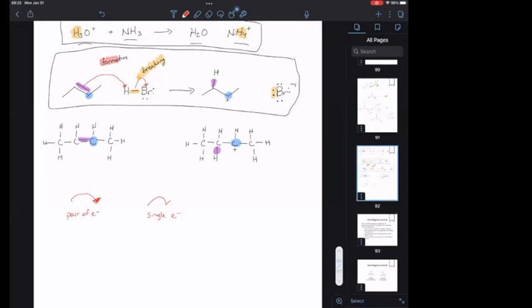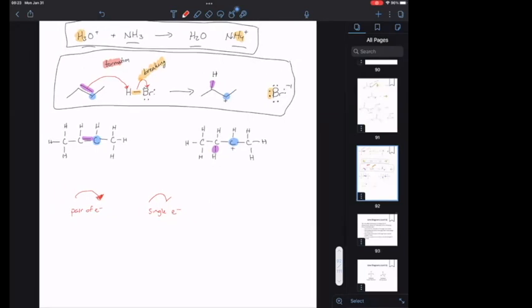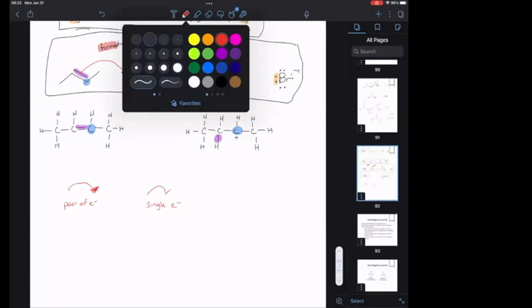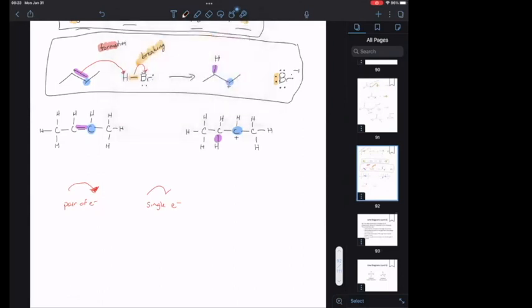Again, 99.9% of all reactions have to do with pairs of electrons moving. There is one particular type of reaction that has to do with single electrons moving, and it's going to be one of the first ones that we study, which are these radical reactions. So that's why we're going to make sure we know it. But again, they represent the movement of just a single electron.